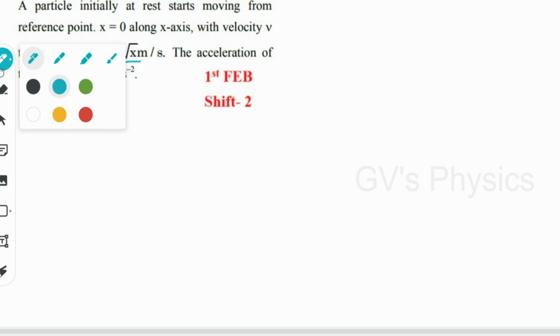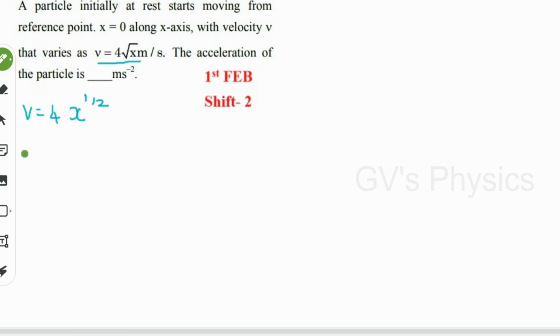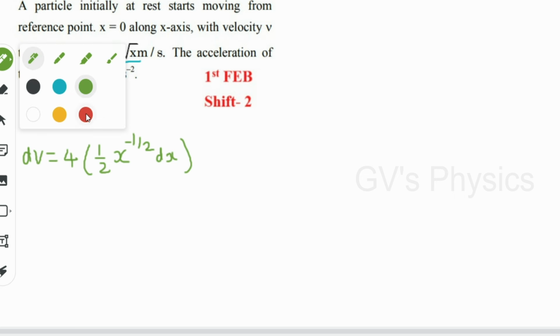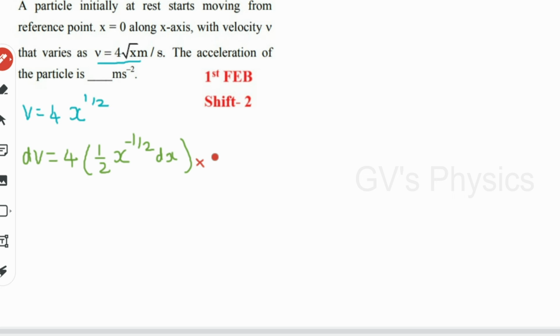So we can do the differentiation. So first dv is equal to 4 into 1 by 2 x power minus 1 by 2 into dx. Okay, so what I'm going to do is multiply and divide by dt, and I can take this dt to the opposite side.